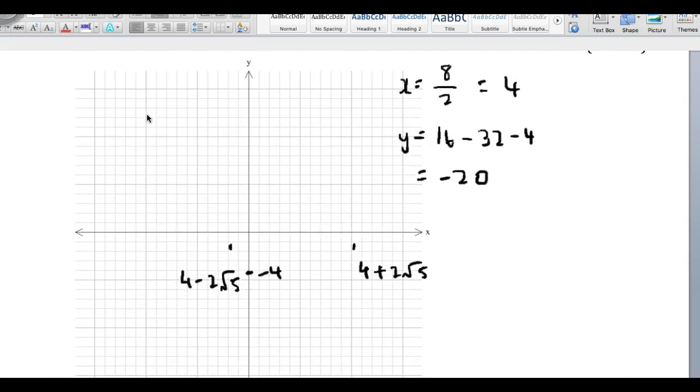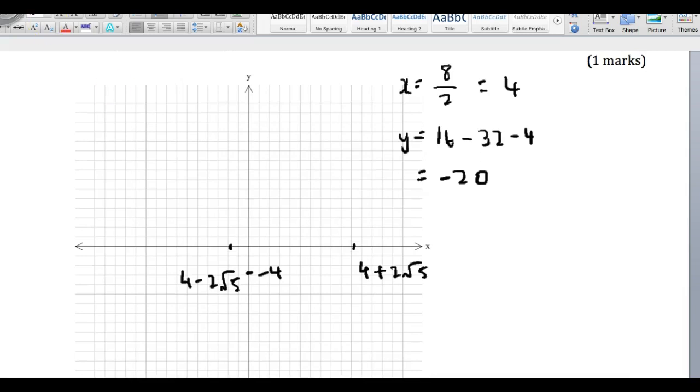Let's just go straight down here. Line it up. Okay, this is where it's going to go off my graph. Let's just say negative 20 is down here. Clearly my scale is not the best, but you get the gist of it.